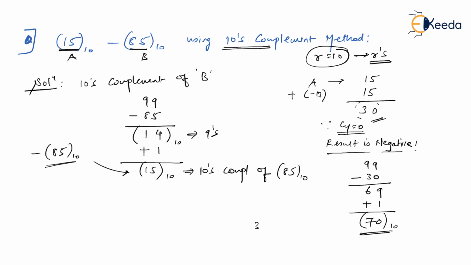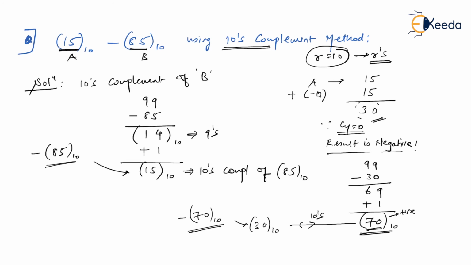This 70 to the base 10 is nothing but 10's complement of 30. This 70 is positive. What does that mean? They are actually tens complement of each other. If this 70 is considered to be positive, this is considered to be minus 70 to the base 10. Yes or no? So I'm sure now you have understood.